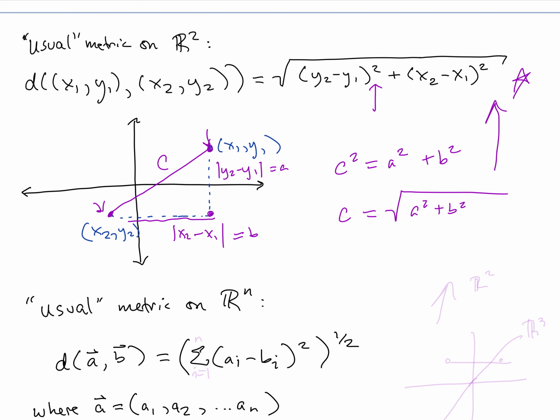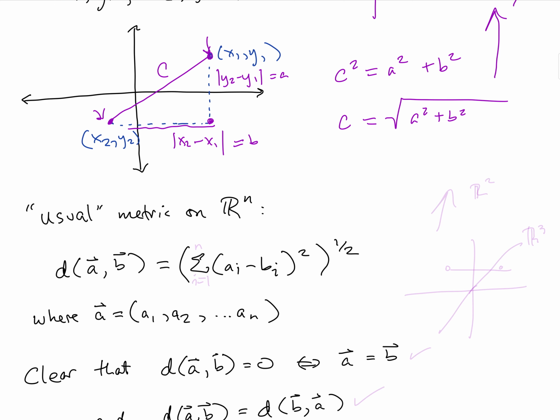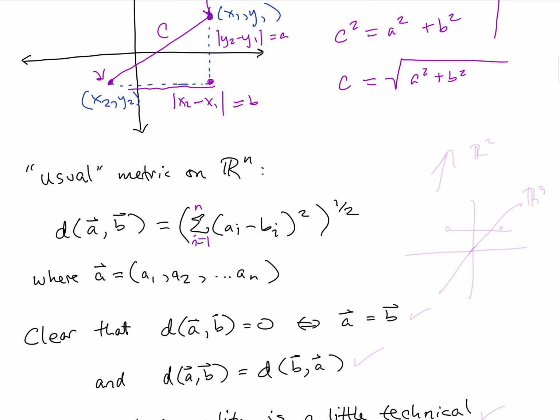Similarly, we define the usual metric on Rn. So R cubed would be 3-dimensional space, R4 would be 4 dimensions of the real numbers, and so on. The distance between the vector A and the vector B is defined to be the sum of (ai minus bi) squared, all square rooted, from i equals 1 up to n.